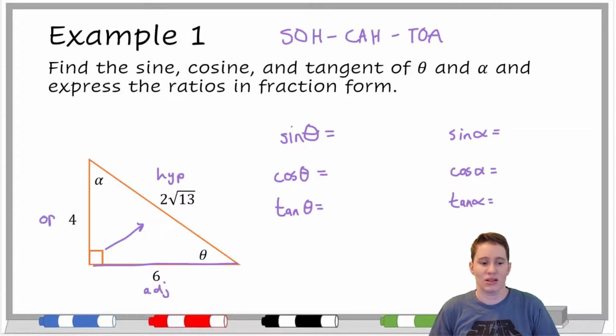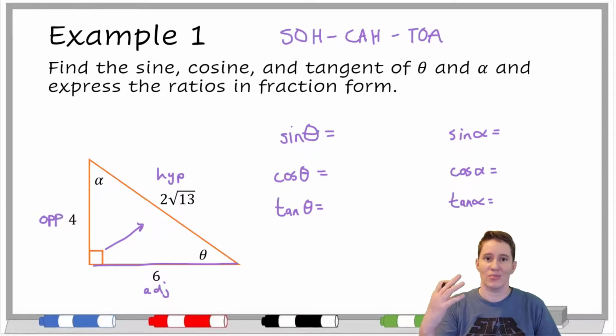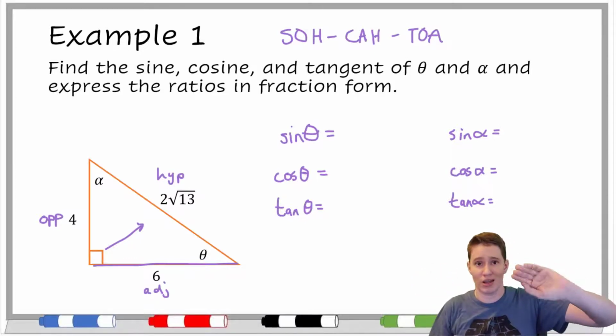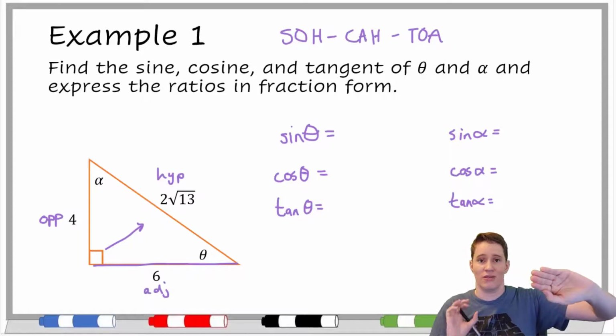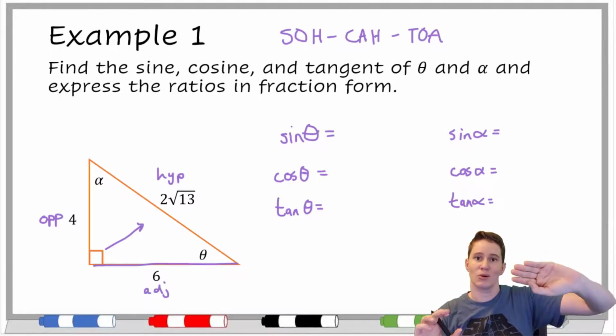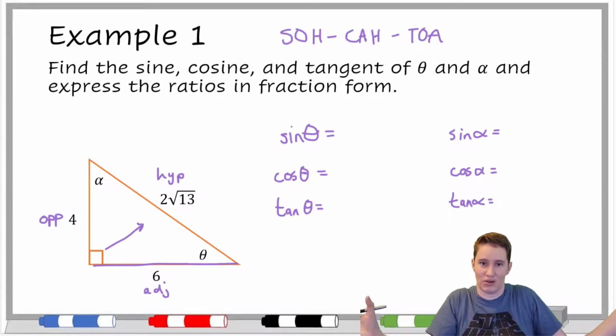And if you're struggling with labeling these as opposite or adjacent, just take a moment and really try to figure out, okay, why would this one be the opposite side and not the other? Keep in mind that it's from the perspective of theta, so just completely ignore, maybe cover up the alpha. Think about it like you're standing where theta is. You're inside a triangle.